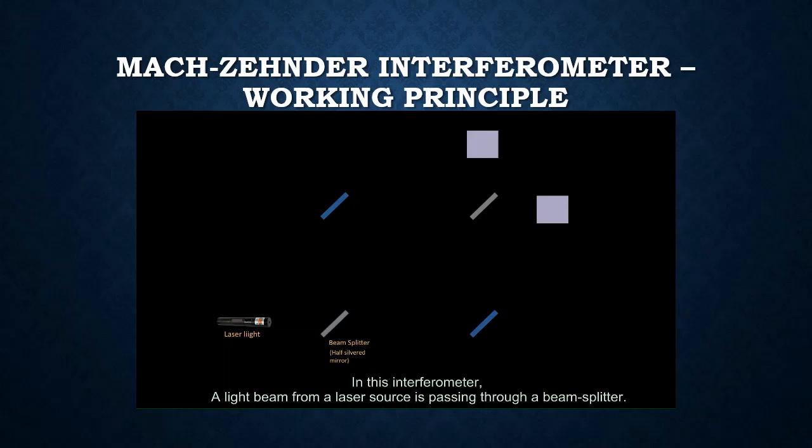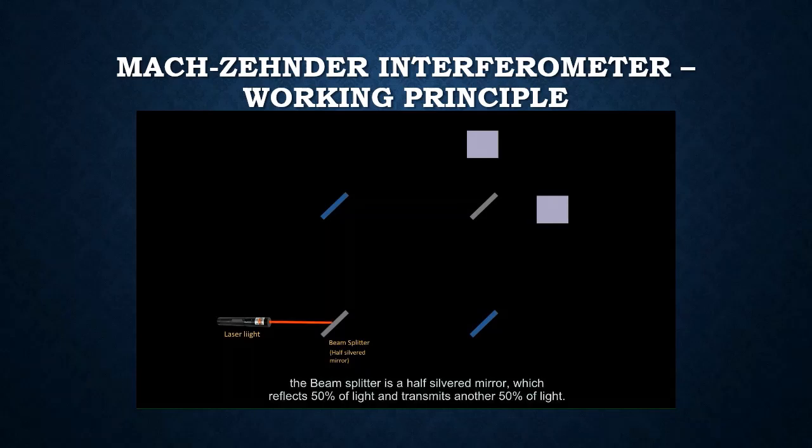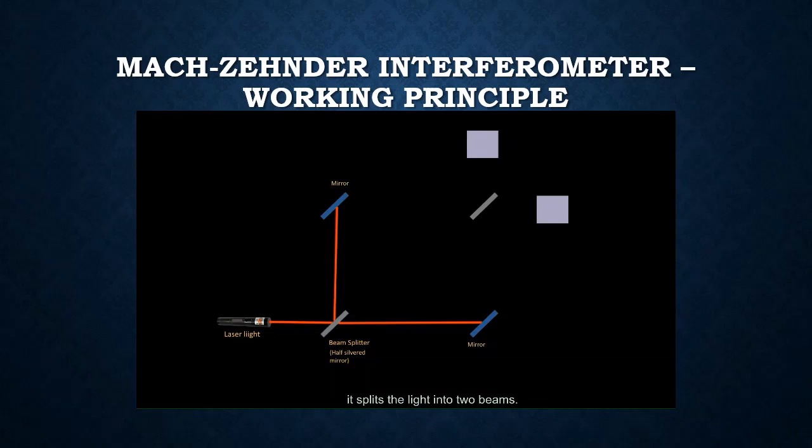In this interferometer, a light beam from a laser source passes through a beam splitter, which is a half silvered mirror that reflects 50% of light and transmits another 50% of light. So it splits the light into two beams. The upper beam is reflected and the lower beam is transmitted.